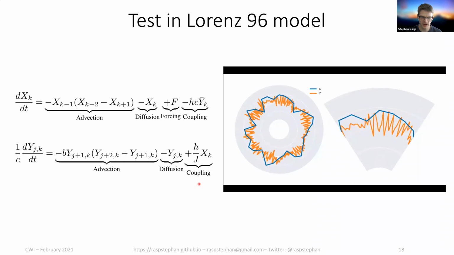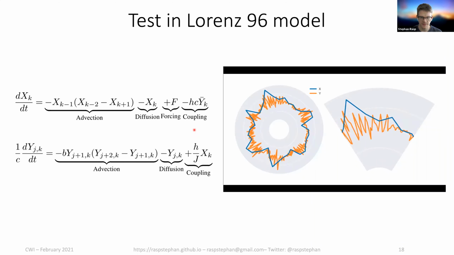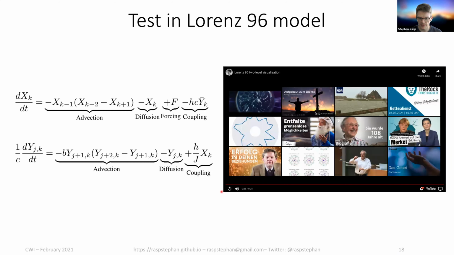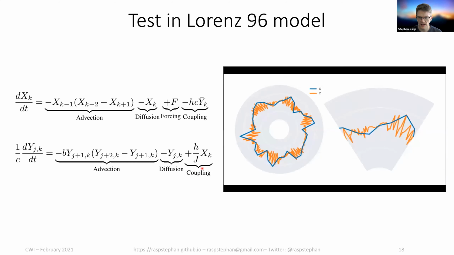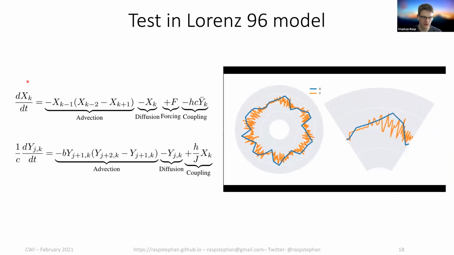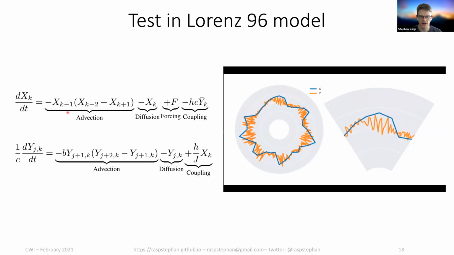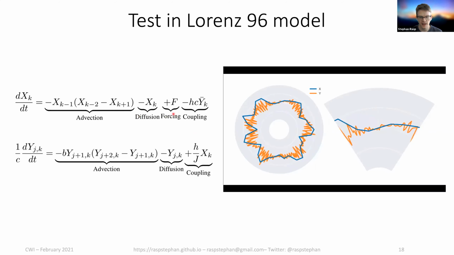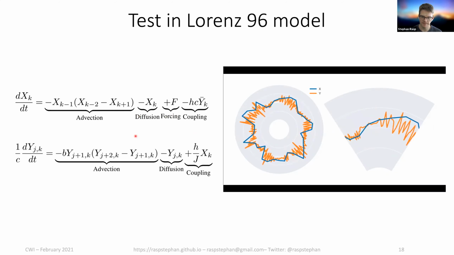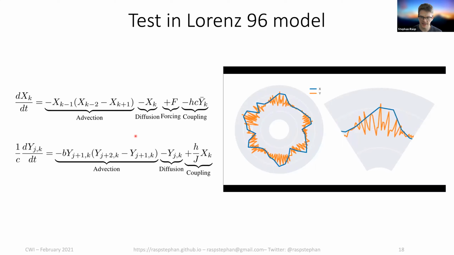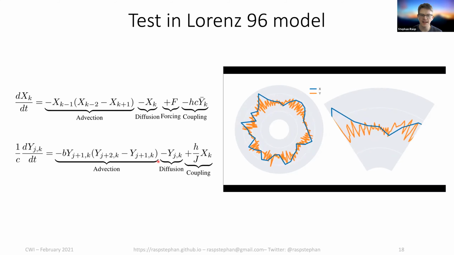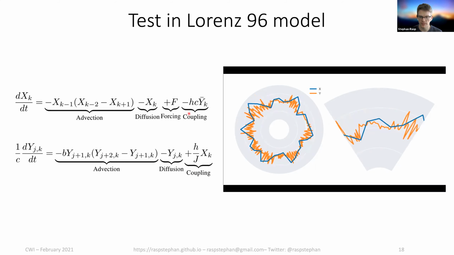It's a two-level model where you have basically a ring, and this is this blue simulation, and maybe I can try to run this again. So you have a ring of a variable called x, and there's some advection going on, some diffusion, there's a forcing term. And then you have another variable that's much smaller in scale, and that's the orange variable that also has an advection and diffusion term, but it's much faster. And these two are coupled in both ways.